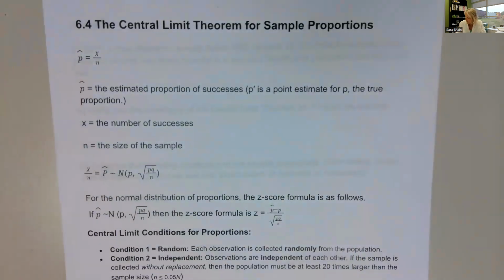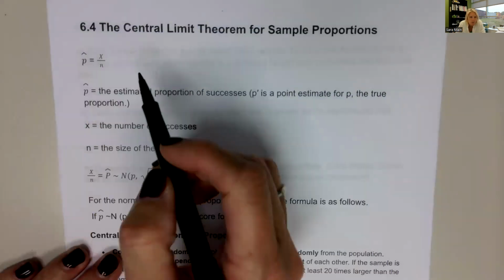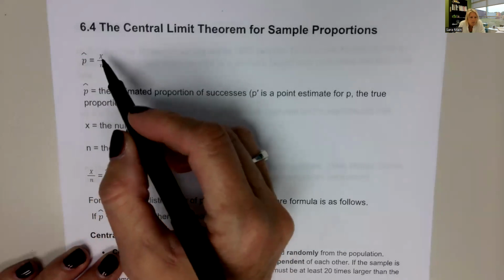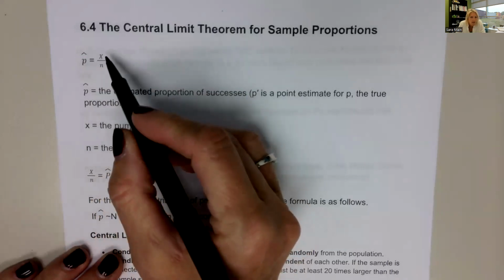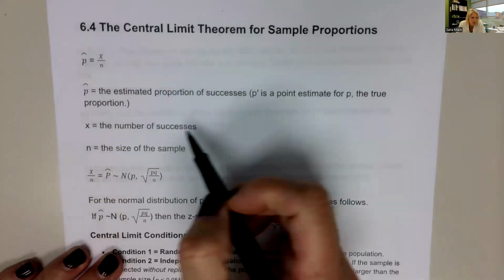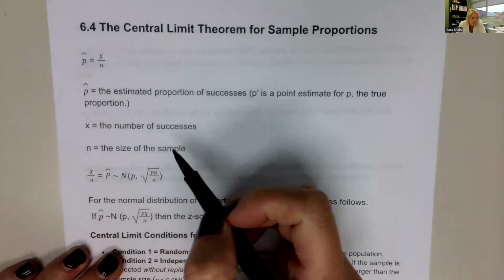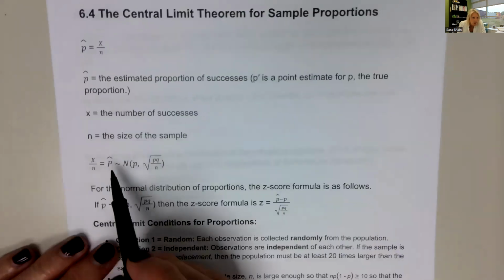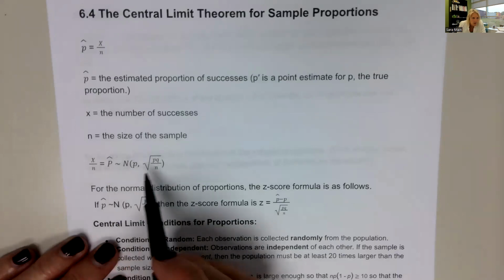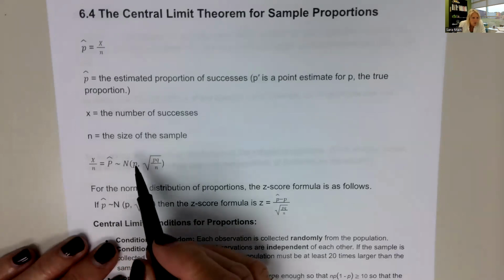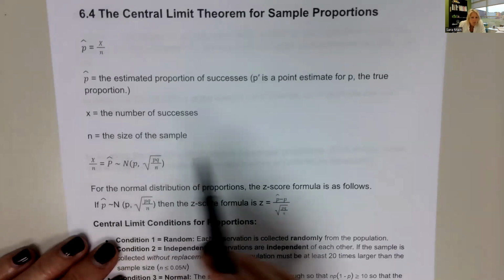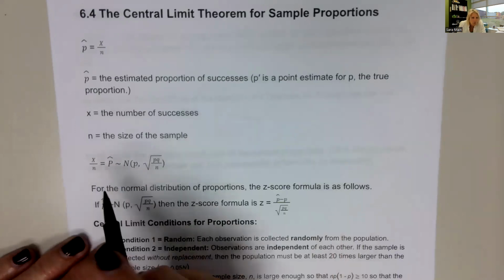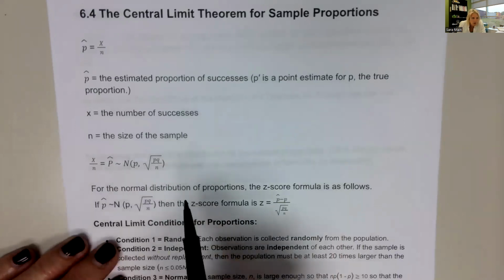So some notations that we need to know are p hat represents the sample proportion. And x is the number of successes, and n is the sample size. And x over n is p hat, like I said, is normally distributed with p, our population proportion, will replace our sample proportion.